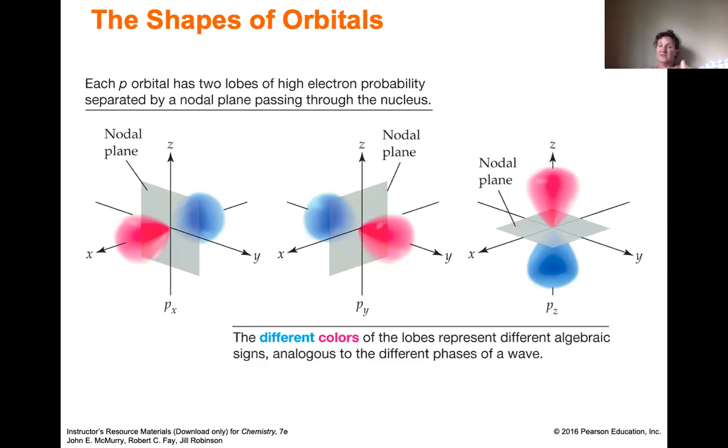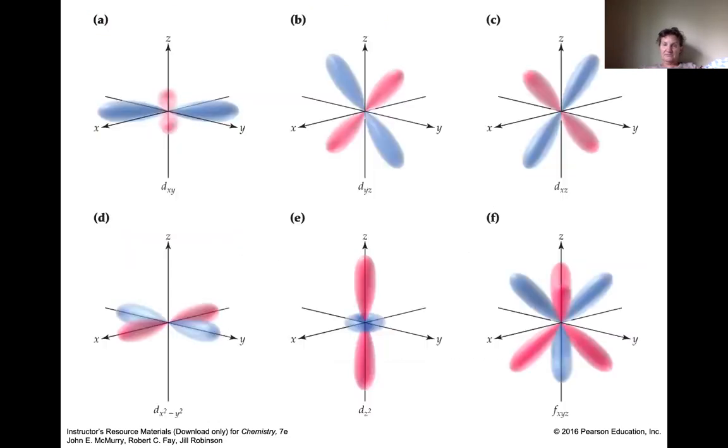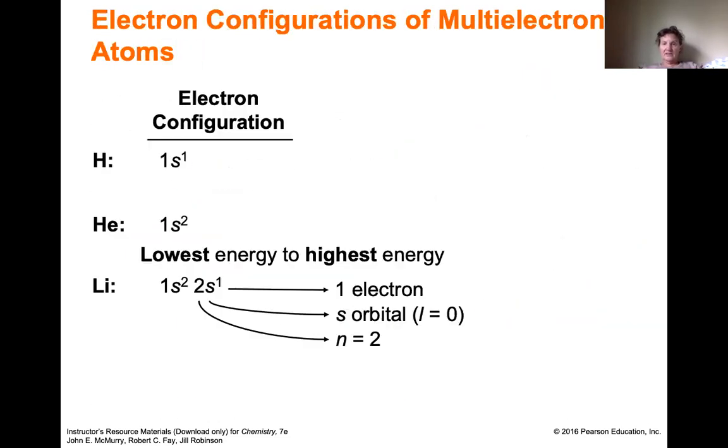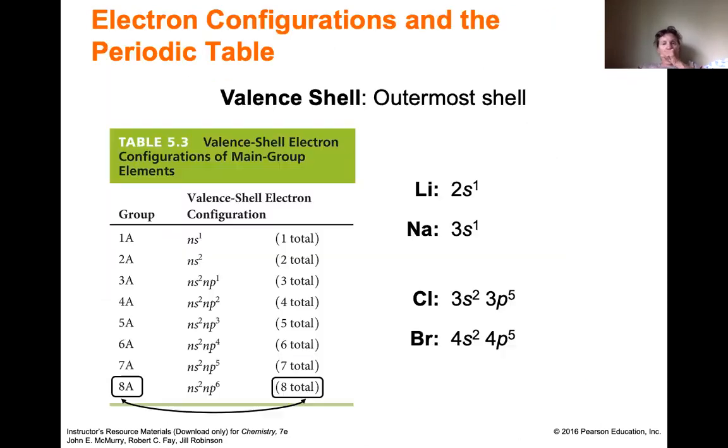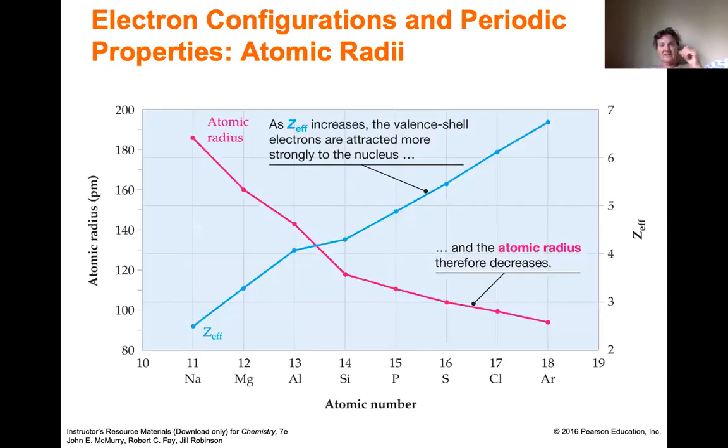And so the effective nuclear charge is going up. And so that means that the electrons are held tighter to the nucleus. So when you look at that very last slide we were just on, that says the effective nuclear charge goes up as you go across the period, and therefore the atomic radius goes down.